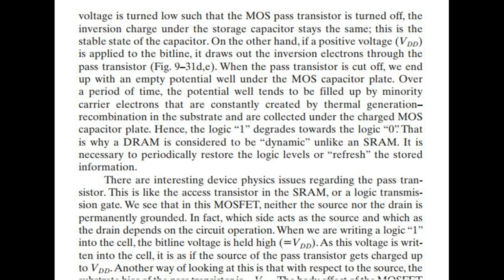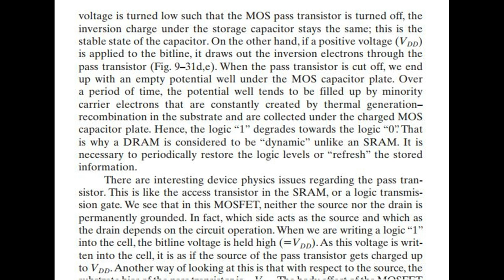On the other hand, if a positive voltage, VDD, is applied to the bitline, it draws out the inversion electrons through the pass transistor, Fig 9.31d, e. When the pass transistor is cut off, we end up with an empty potential well under the metal oxide semiconductor capacitor plate.